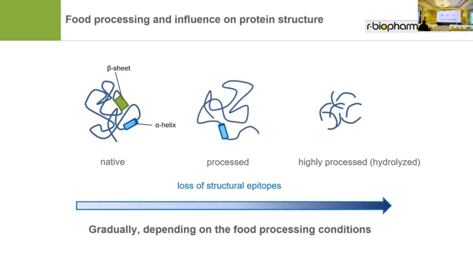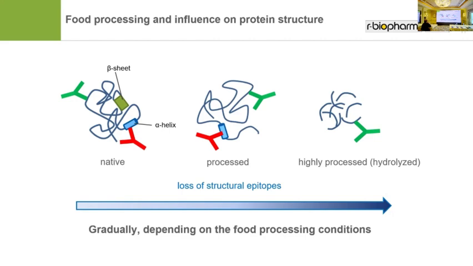And now let's think of antibodies. If we choose an antibody which reacts with this primary structure, and this is what the R5 antibody is doing, then we see that this antibody will react with native as well as with processed and even with hydrolyzed proteins. However, a second antibody, perhaps which reacts with an alpha helix, will not be able to react with hydrolyzed proteins.